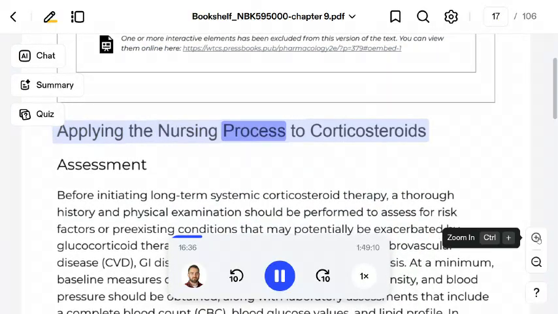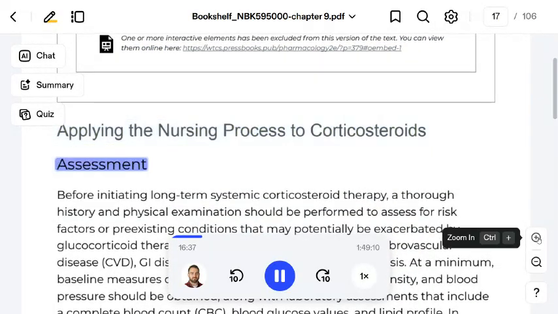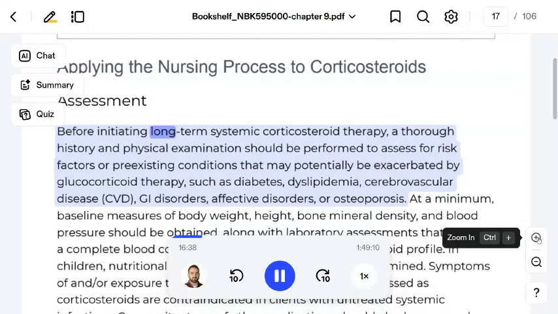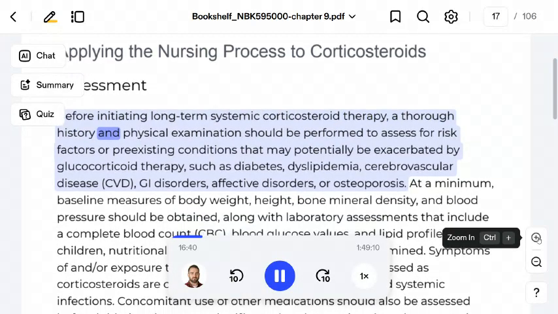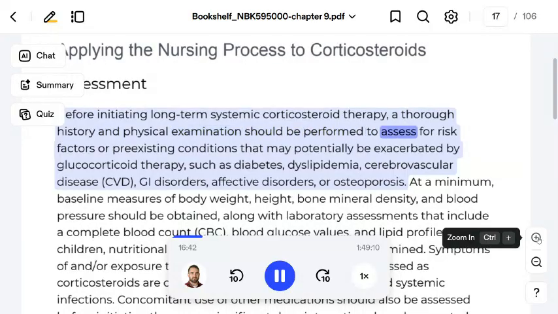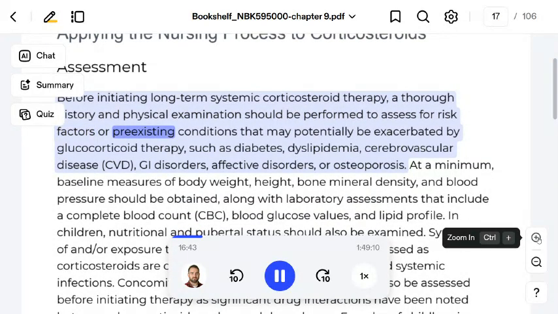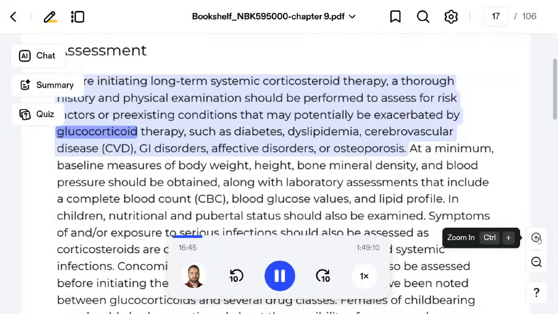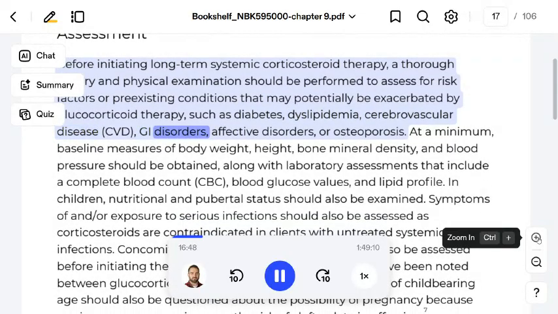Applying the nursing process to corticosteroids. Assessment. Before initiating long-term systemic corticosteroid therapy, a thorough history and physical examination should be performed to assess for risk factors or pre-existing conditions that may potentially be exacerbated by glucocorticoid therapy, such as diabetes, dyslipidemia, cerebrovascular disease, GI disorders, affective disorders, or osteoporosis.